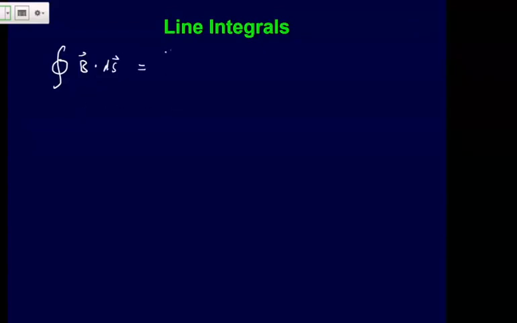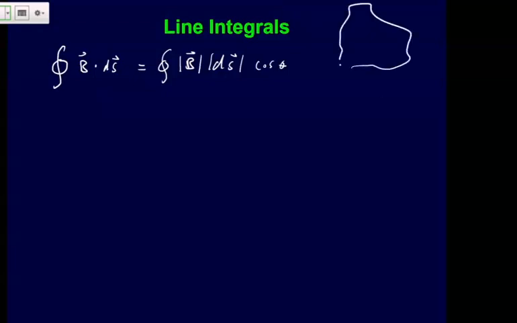As it's a dot product, 90% of the time when you look at problems like this, you'll break it down: the B dot ds is the magnitude of the magnetic field times the magnitude of the ds vector times cosine theta. There'll be some path here, and we'll have some point, and we'll rotate around in some direction, which will be important.